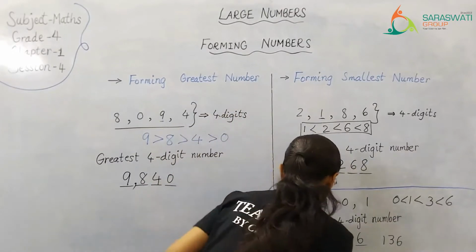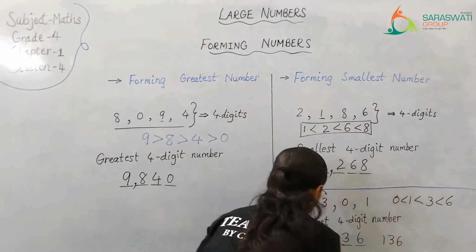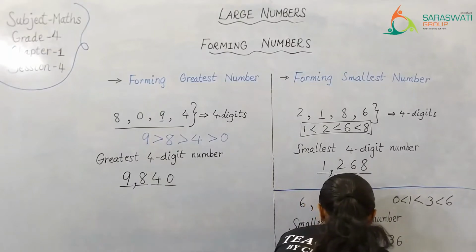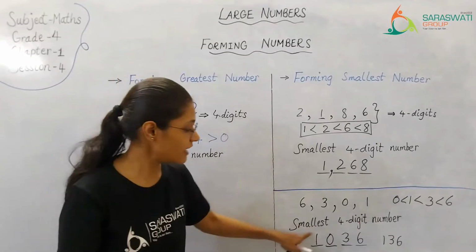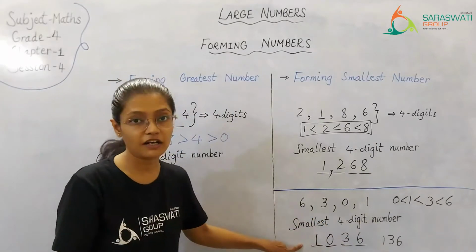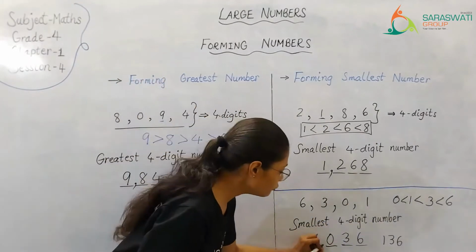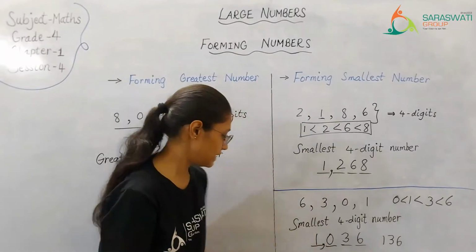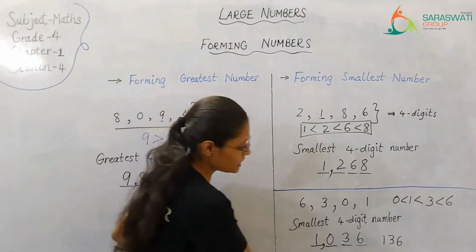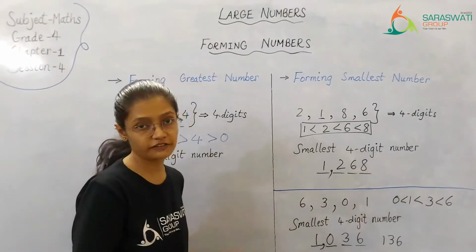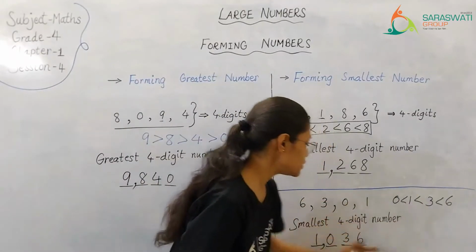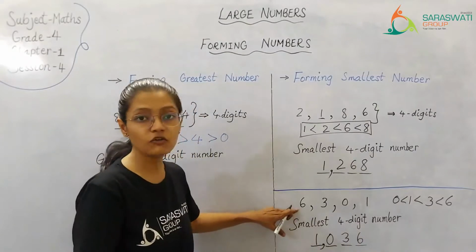So now we have our smallest 4-digit number, that is 1036. This is our smallest 4-digit number that we get using these 4 digits, and each digit is used only once.